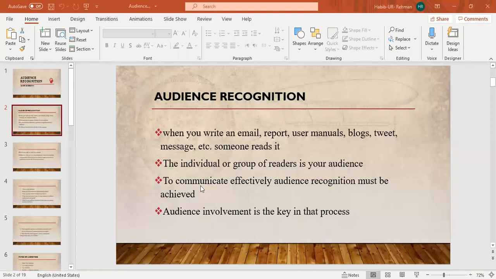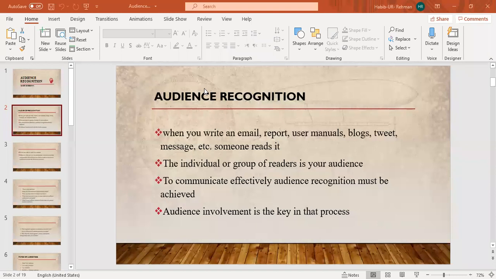Your audience, the person who reads your message, can be an individual or a group of readers, and you communicate with them. So in order to communicate effectively, you need to understand and recognize your audience.